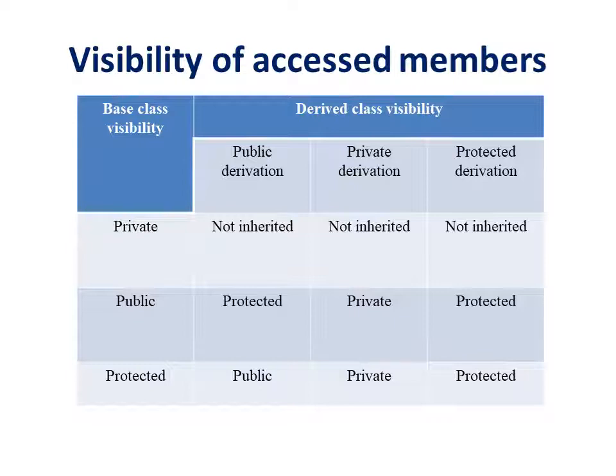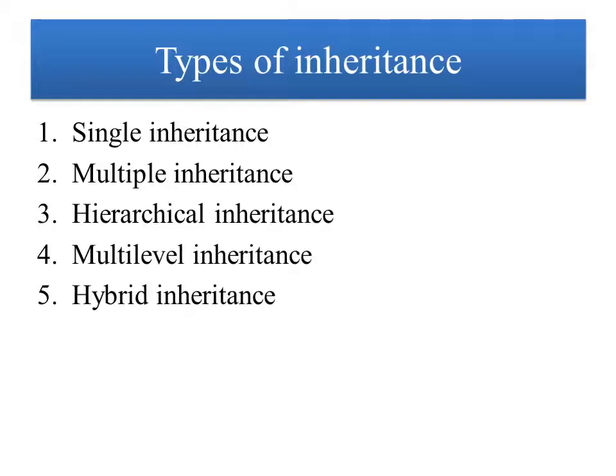If the base class visibility is public, then with public derivation it stays public, with private derivation it becomes private, and with protected derivation it becomes protected. If the base class visibility is protected, then public derivation gives protected, private derivation gives private, and protected derivation gives protected.